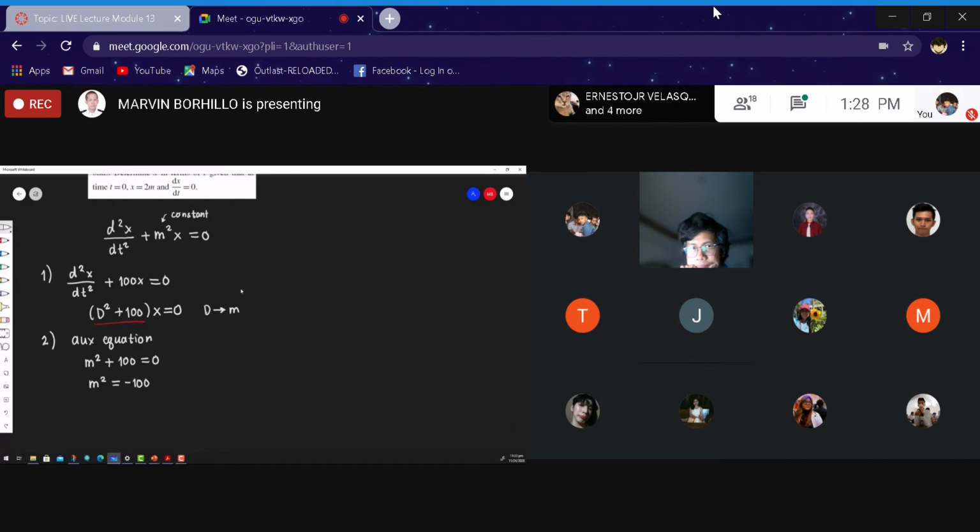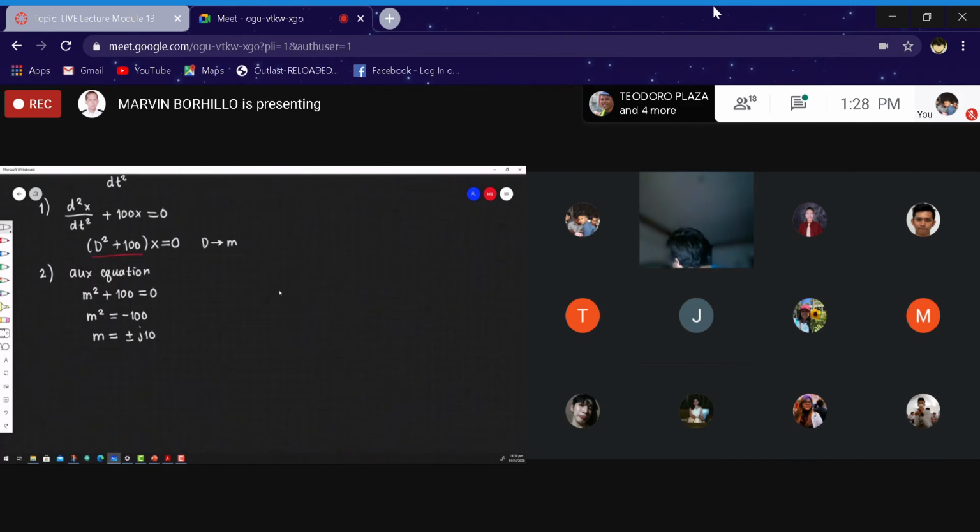Taking the square root, the square root of a negative number is an imaginary number. So the solution will be positive or negative j of 10. Since we are in electrical engineering, we use j. Electrical, electronics, and computer.